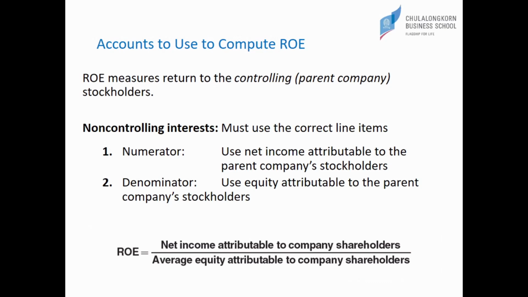You can just get this number from the income statement because it should say whether it's from the non-controlling interest or from the controlling part. And for the denominator, we have to use the equity that's attributable to the parent company's stockholders.